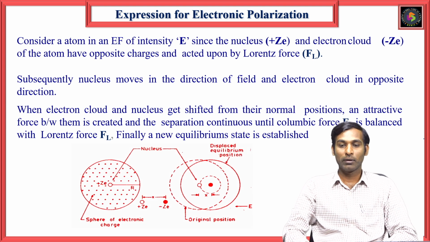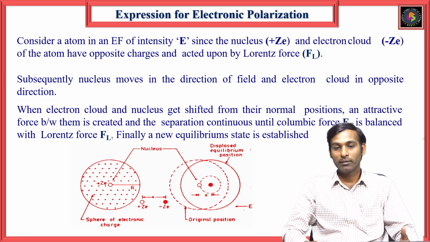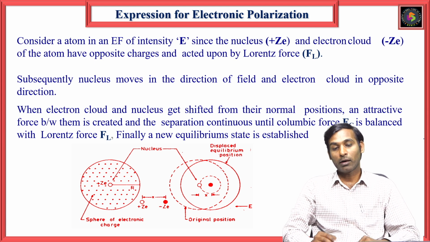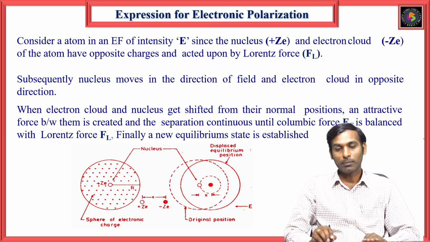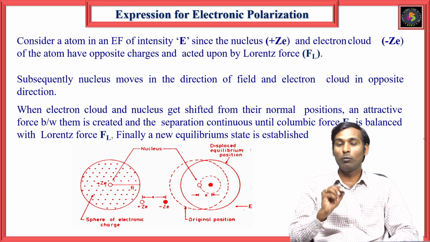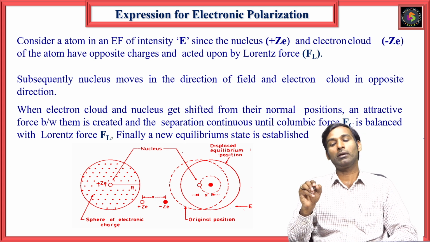The Lorentz force is developed due to the electric field intensity acting on the nucleus and electron cloud, and the Coulomb force arises due to the shift between the electron cloud and nucleus. At equilibrium, the Coulomb force is equal to the Lorentz force.